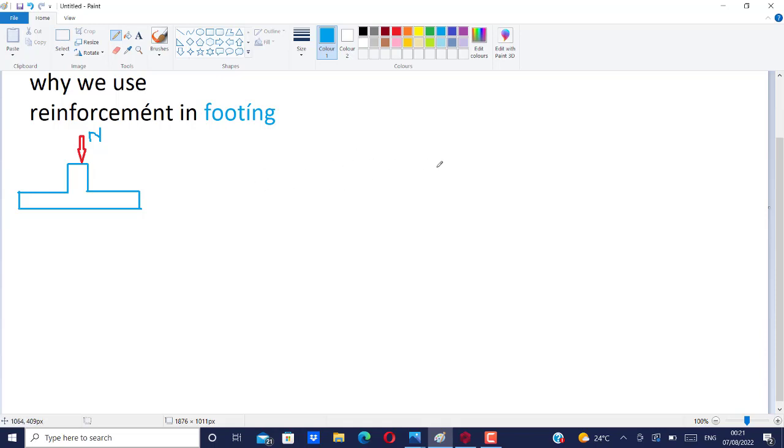We're also going to talk about combined footing and why you always have top reinforcement and bottom reinforcement in combined footing. But for now, we want to take it from this simple stage to a complex stage.